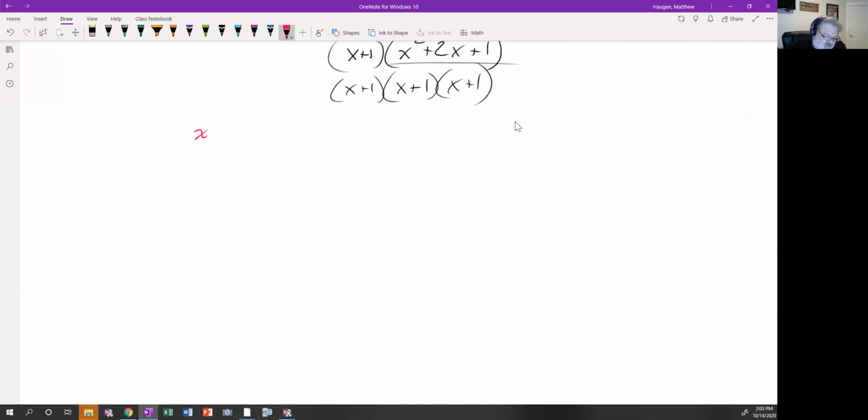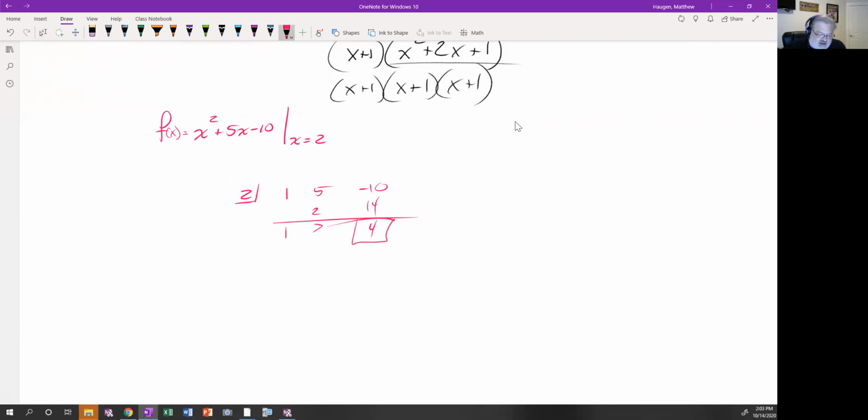So if you're given something like x squared plus 5x minus 10, and you want to evaluate that where x is equal to 2, you do synthetic division with the 2 really fast. 2, 7, 14, 4.